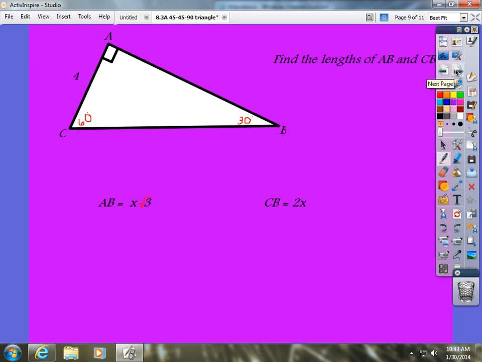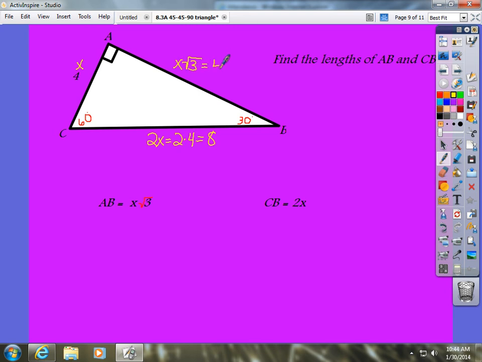All right, find the lengths of AB and CB. Well, AC is 4, okay? So if we remember that this is x, and this is going to be 2x, then this is going to be equal to 2 times 4, which equals 8, and this is going to be x times the square root of 3 because it's the longest side, which means that it equals 4 times the square root of 3.